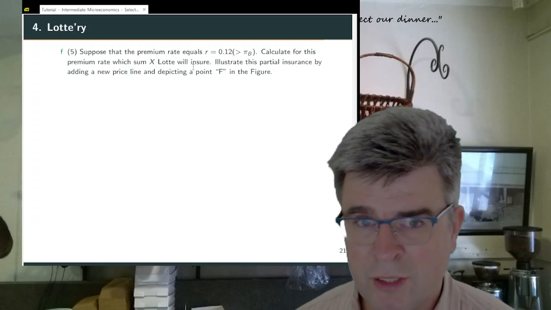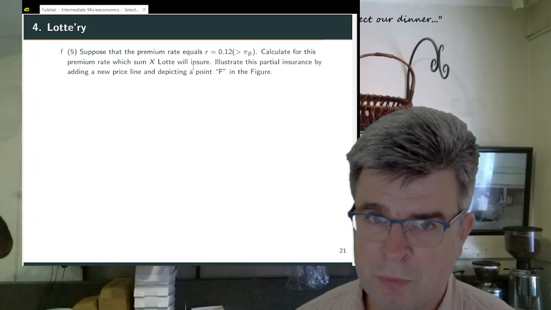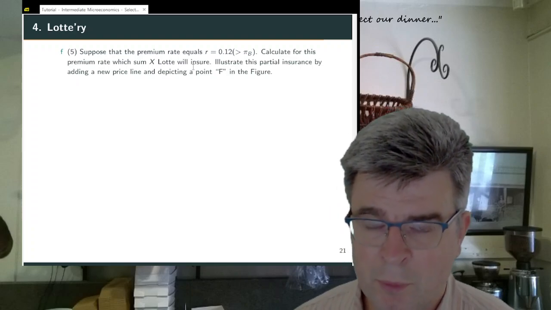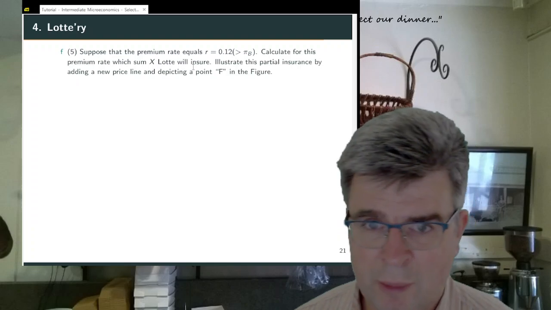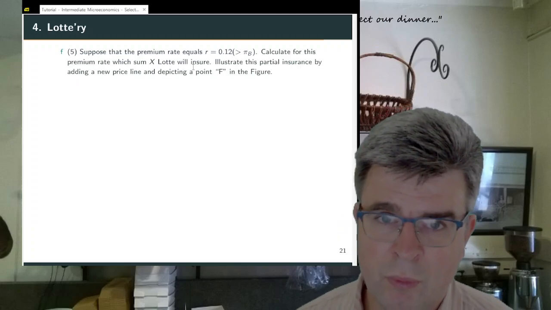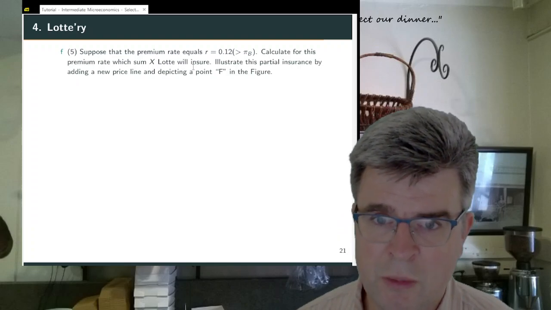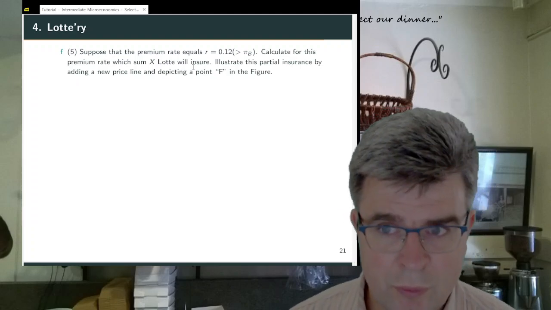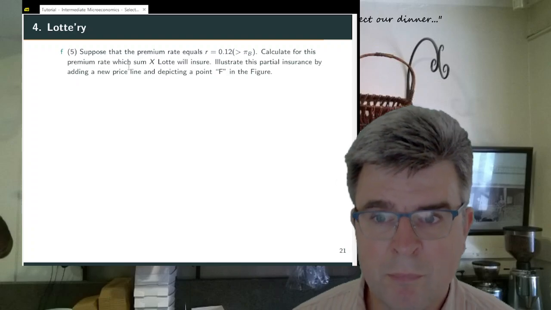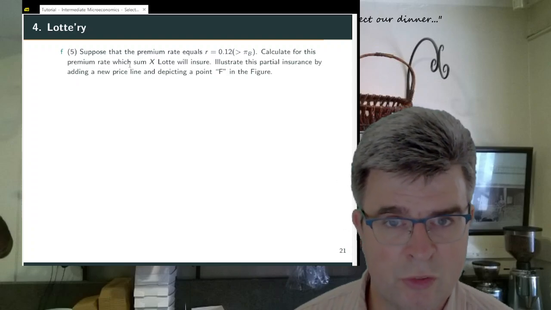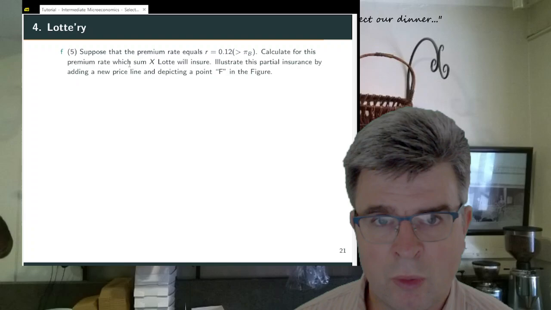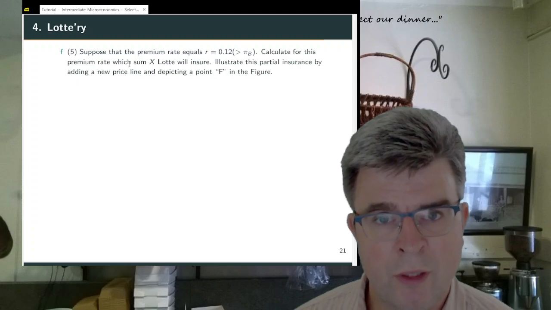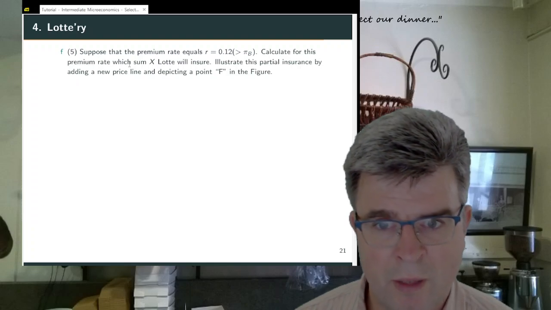So the bad state of the world will still happen with probability 10%. But if you want to insure a sum of €1, now you don't need to pay 10 cents, but you need to pay 12 cents. And again, you need to compute for this premium which sum Lotte will insure. And we need to also depict it in a figure as a point F.